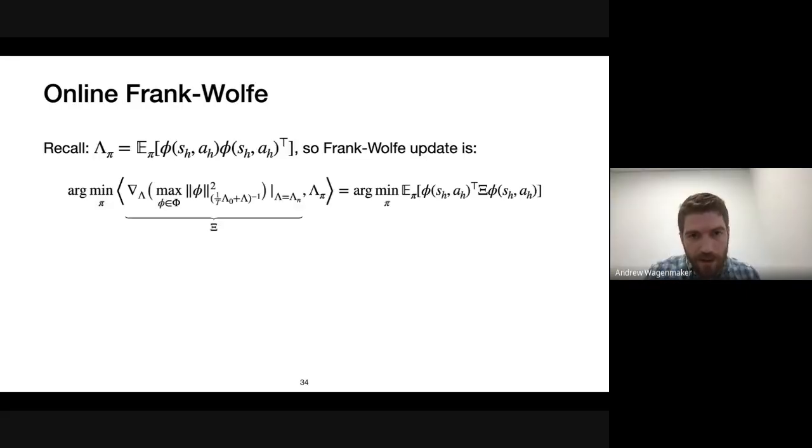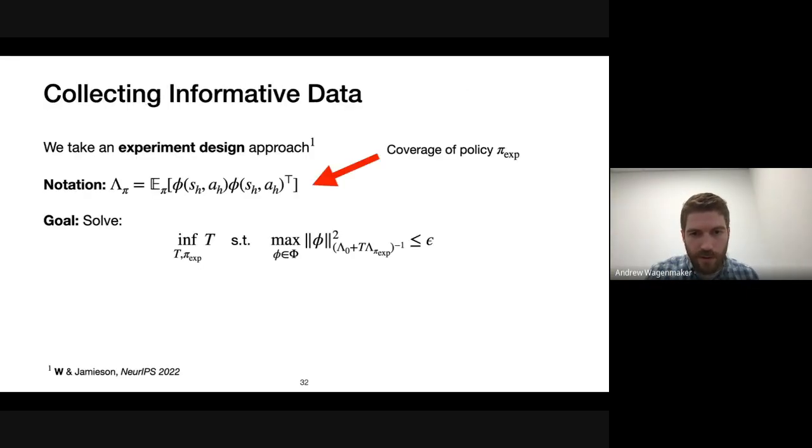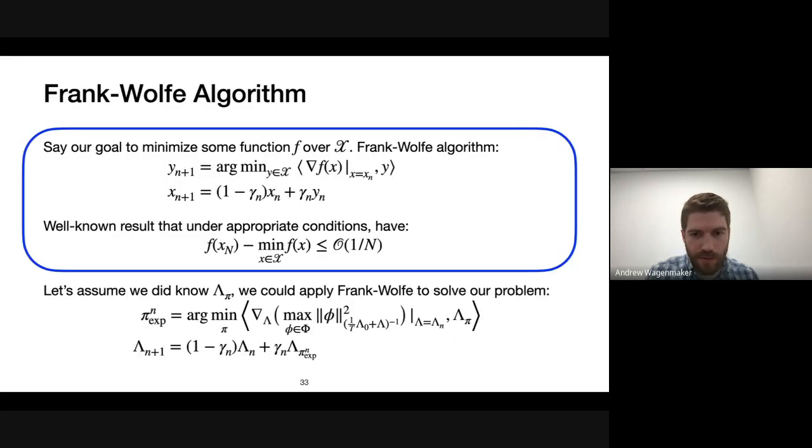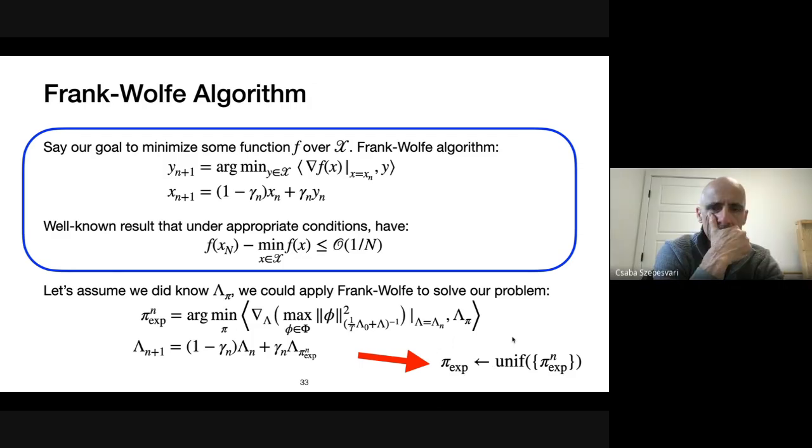Yeah, you can get away with just solving a single policy optimization, and then if you were to return a thing at the end, you would return the mixture of all the policies. Okay.